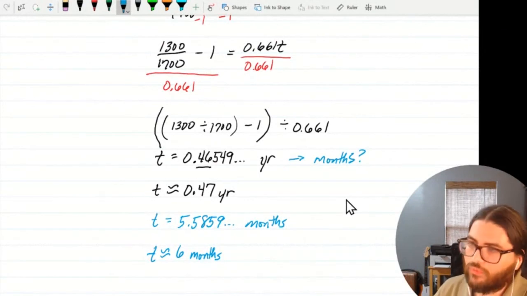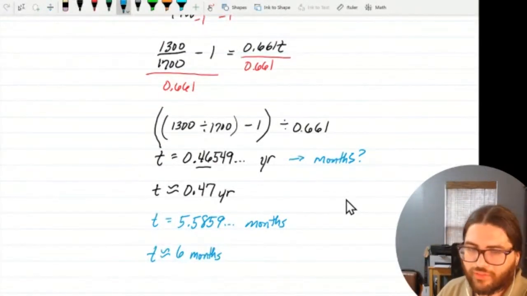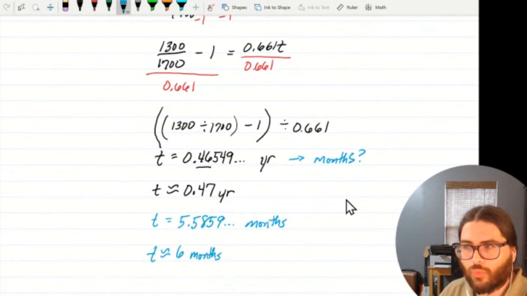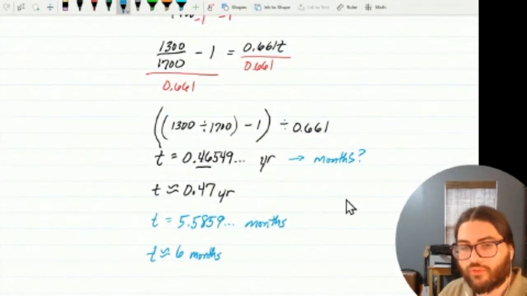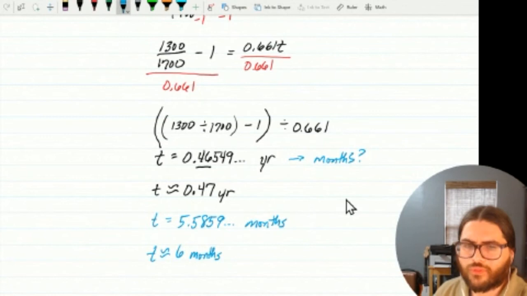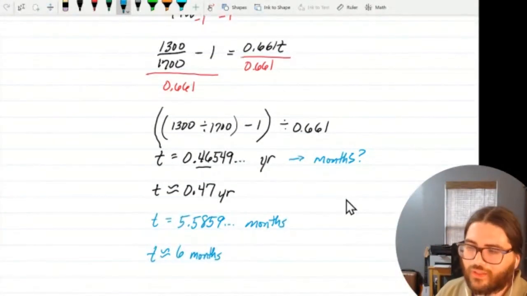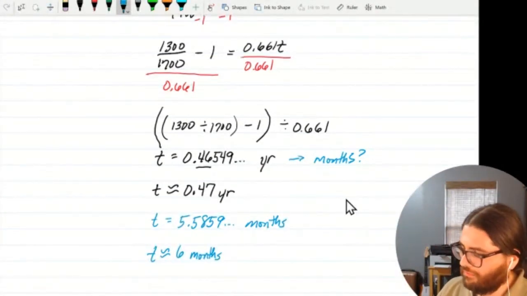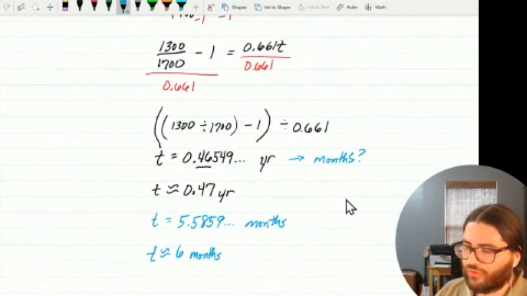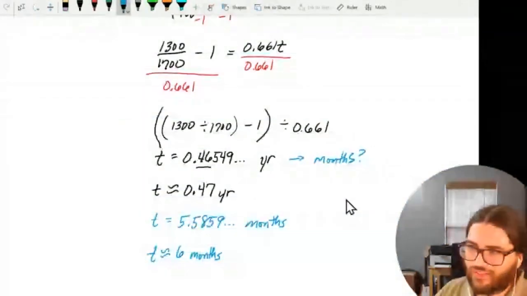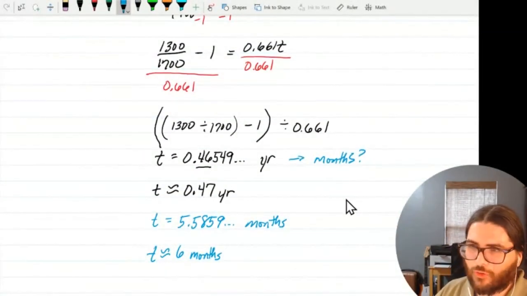If I asked you to round it to the 10th of a month, it'd be kind of weird, right? 10 has 1 zero, so 1 decimal place for 10th. That'd be 5.6 months. But we rarely round to a lot of decimal places when it comes to time. 2 decimal places is about as far as we would ever go for years. 1 decimal place is even kind of absurd for months.